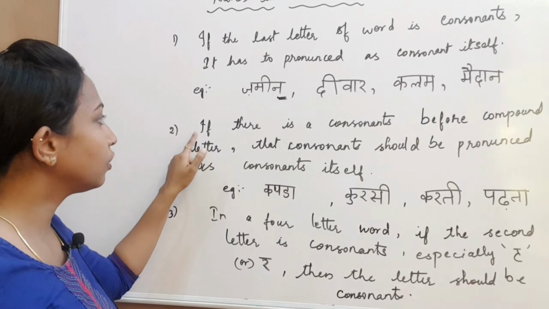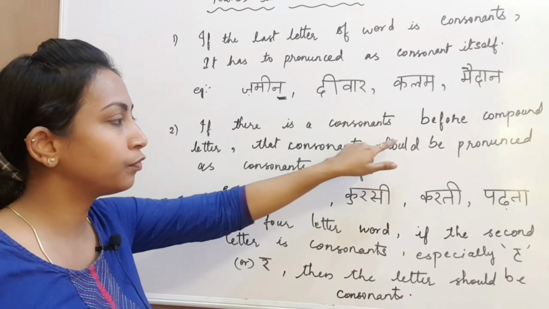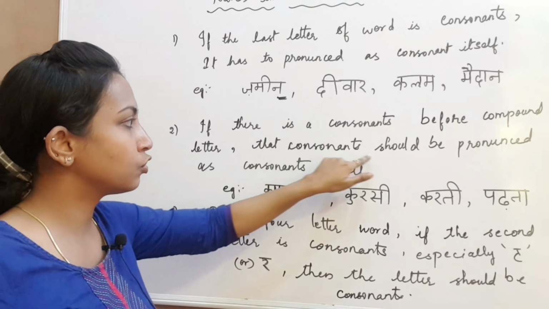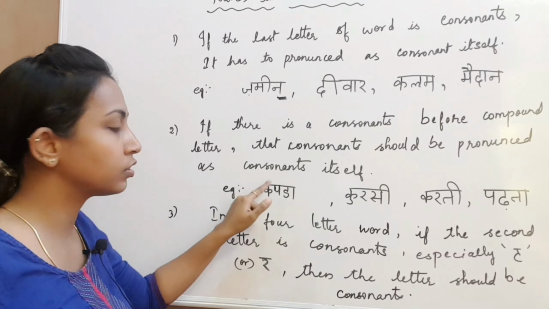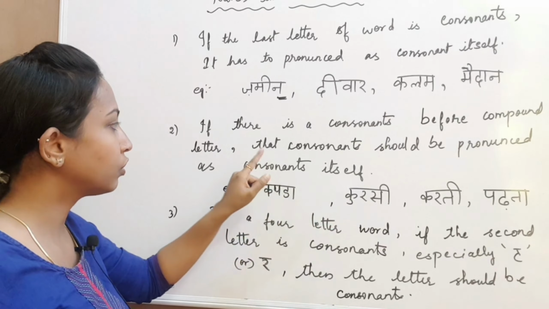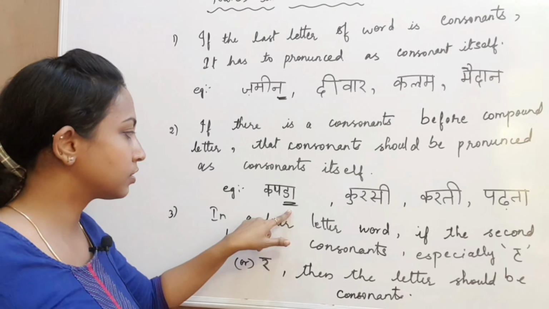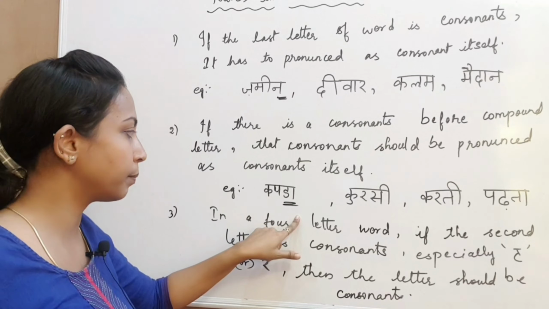The second rule is, if there is a consonant before a compound letter, that consonant should be pronounced as a consonant itself. Compound means the letter with a vowel symbol.